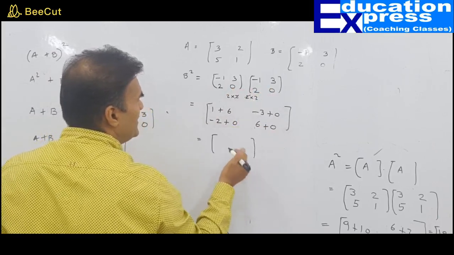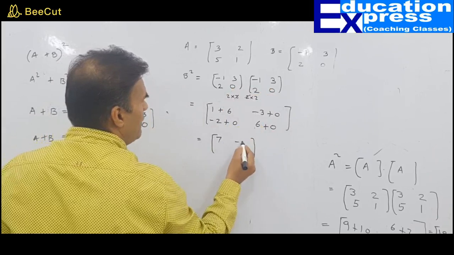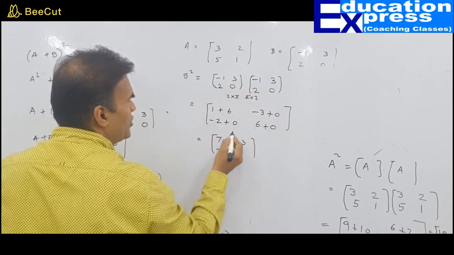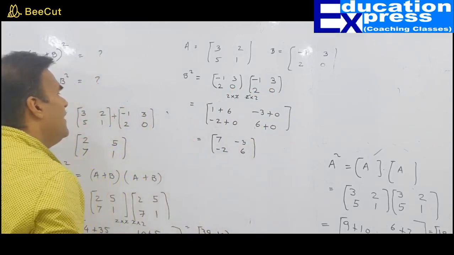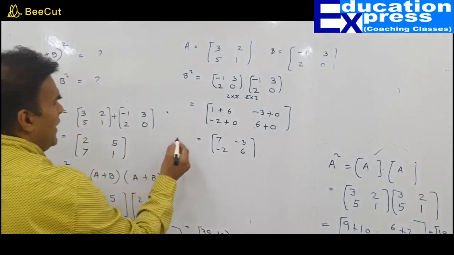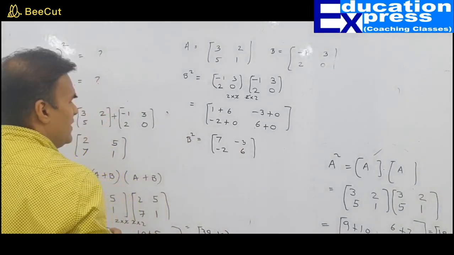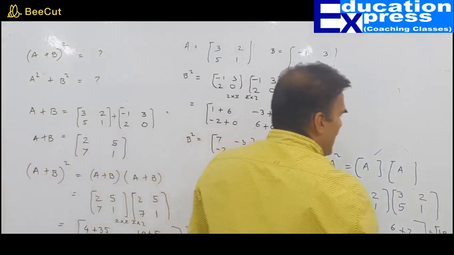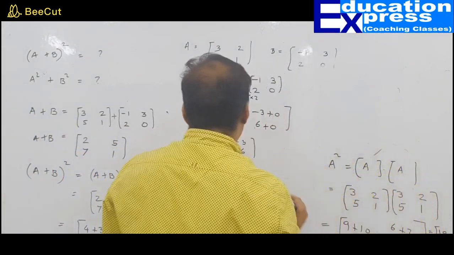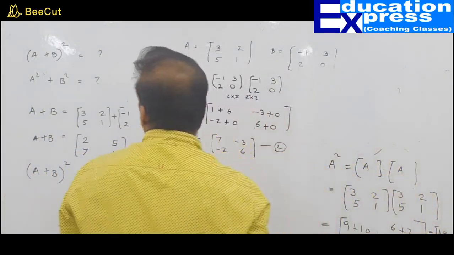So my dear friends, you get 7, minus 3, minus 2 and 6. So we have found out the value of B square. Your A square value is this, your B square value is this.